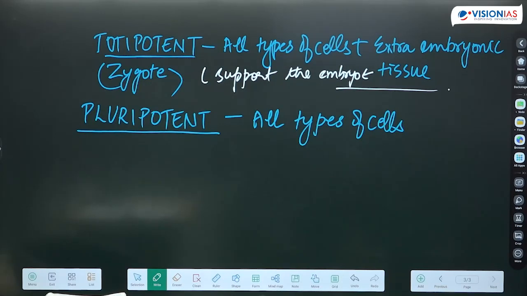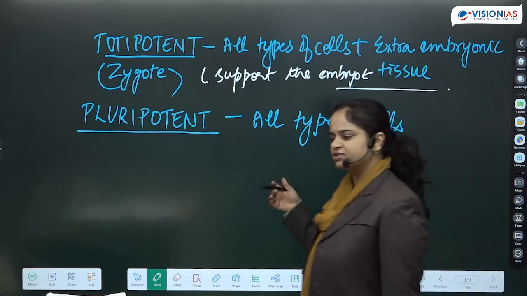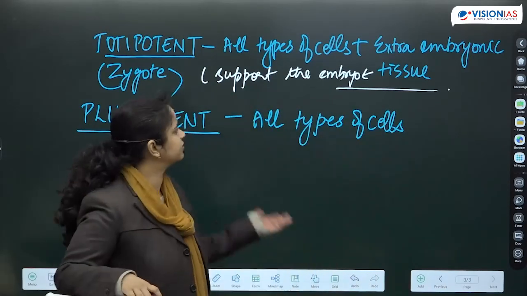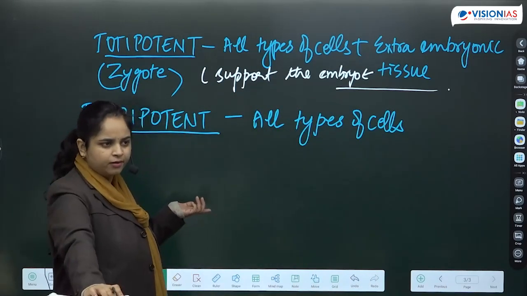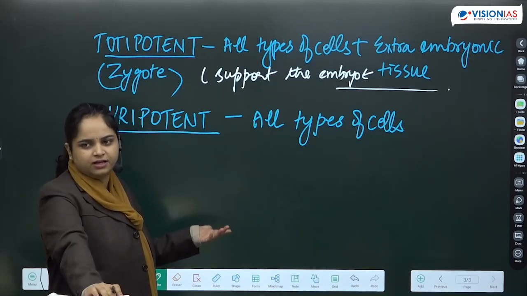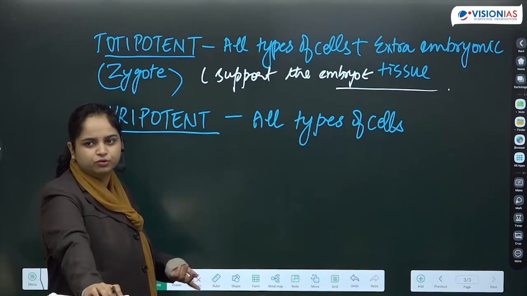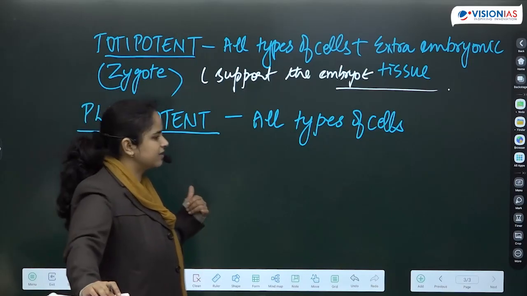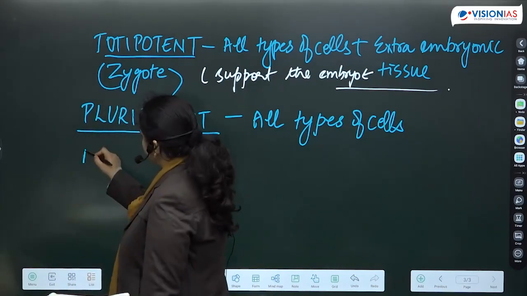So from this cell all types of cells of the body can be formed, but extra embryonic tissue will not be formed. And I think you will be able to understand this logic, that the need to make extra embryonic tissue is only for the zygote. No other cell in your body actually needs to do it at any stage of life. That's the only stage of life where you need all those things. So that is going to be pluripotent.